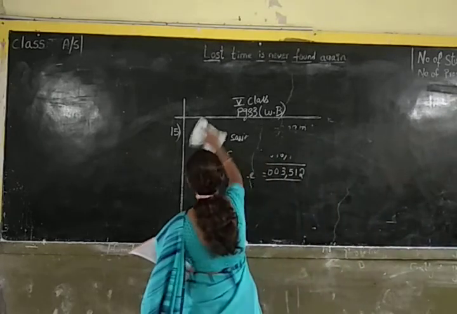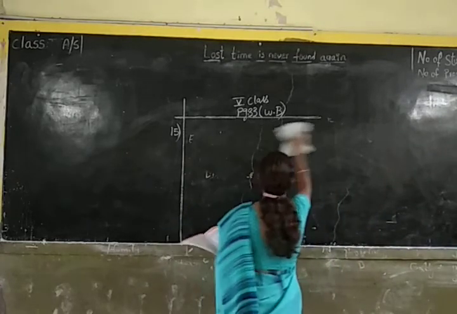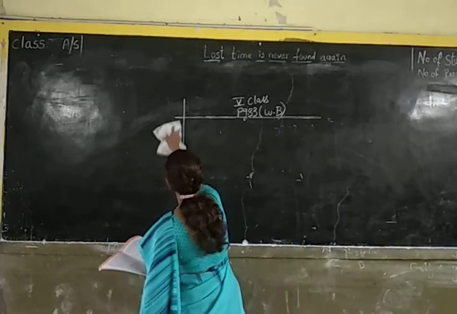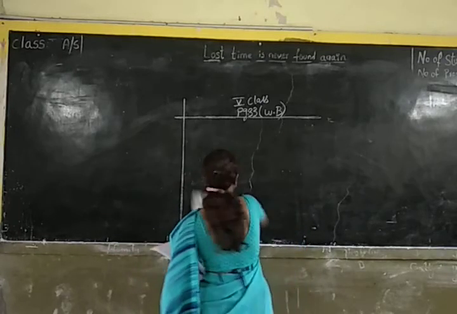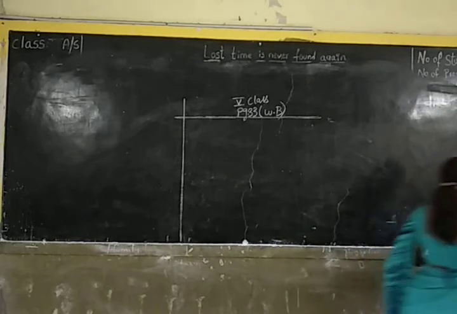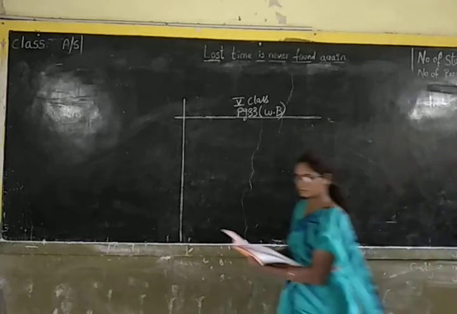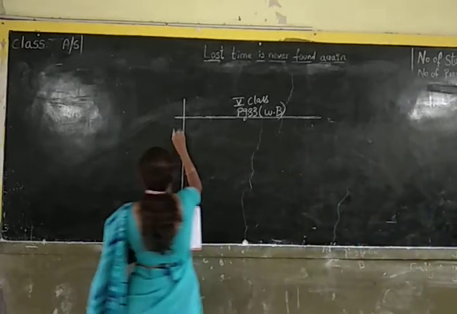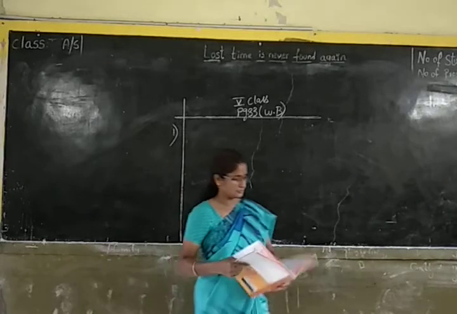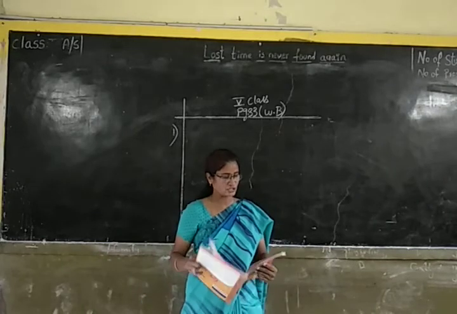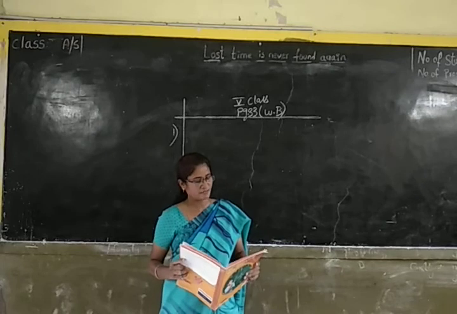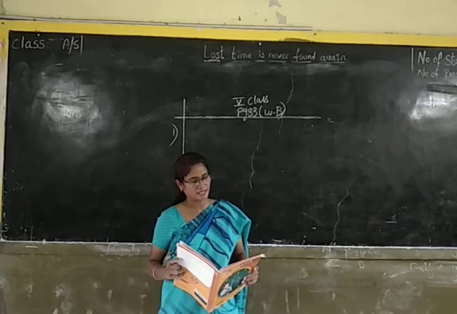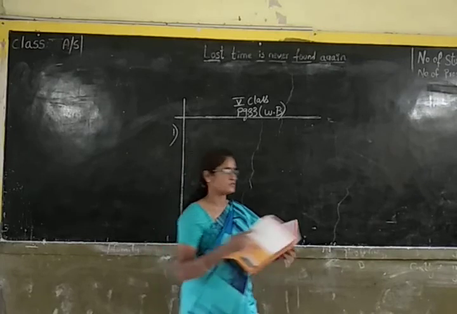Now let us do the MCQs. Let us do the first MCQ. So what is the question? The number name of 65,87,957 in Indian place value system.